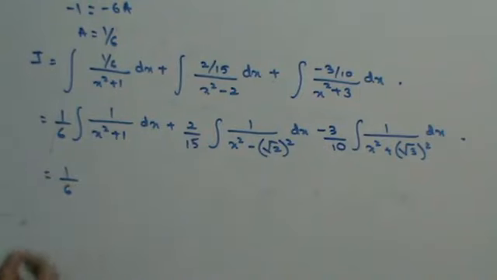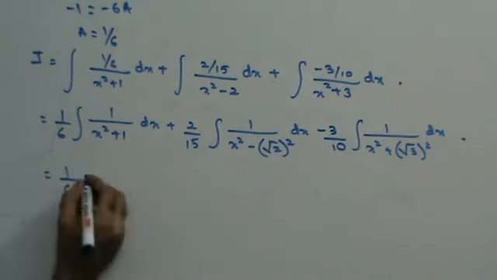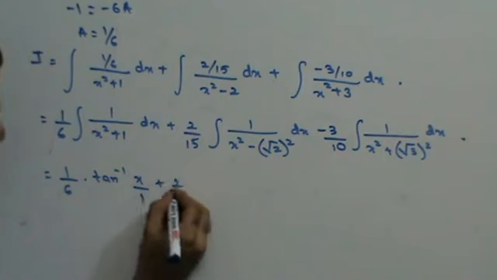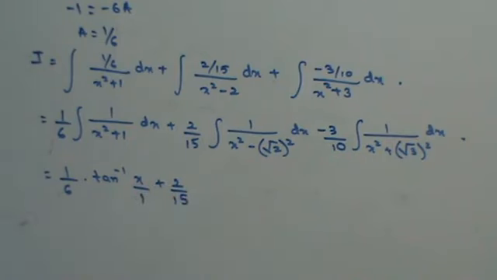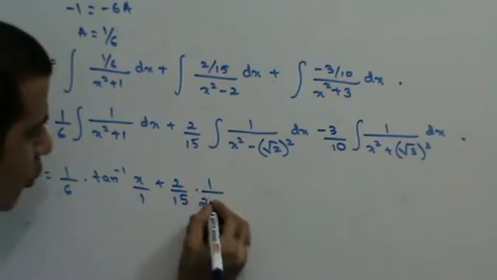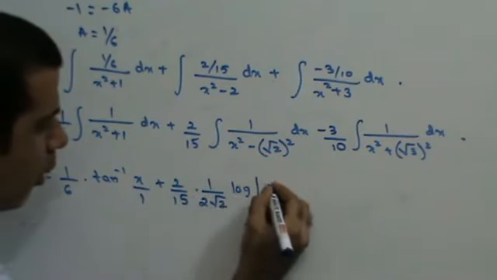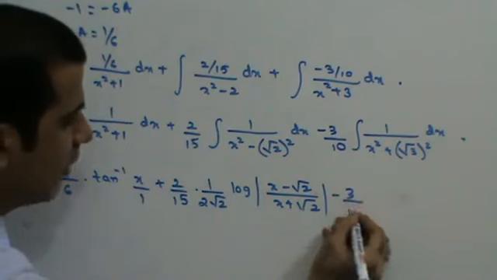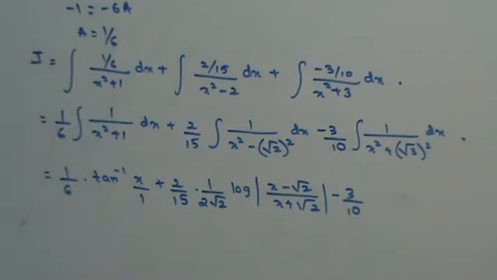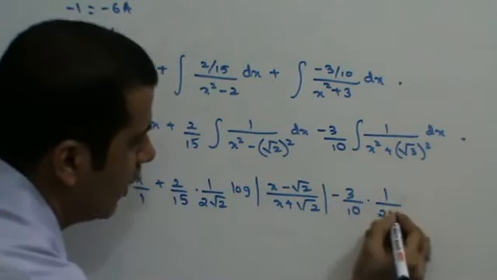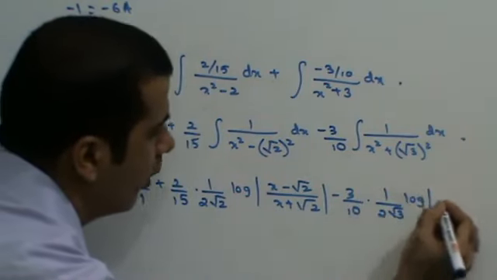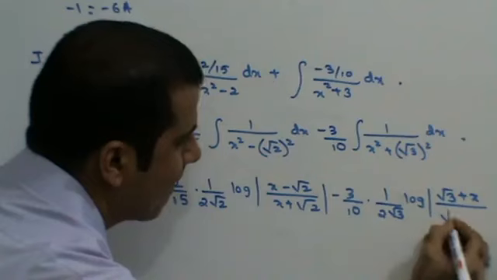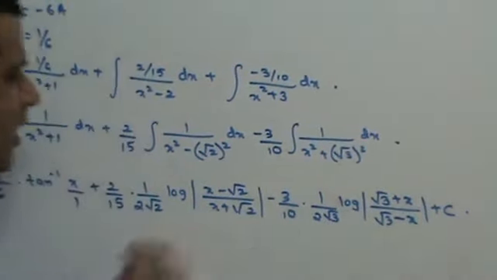This can be written as 1 upon 6 integral of 1 upon x square plus a square, which is 1 upon a tan inverse of x by a, plus 2 by 15 integral of 1 upon x square minus a square, which is 1 upon 2a log mod x minus a upon x plus a, minus 3 upon 10 integral of 1 upon x square plus a square, 1 upon 2a log mod a plus x upon a minus x, plus c.